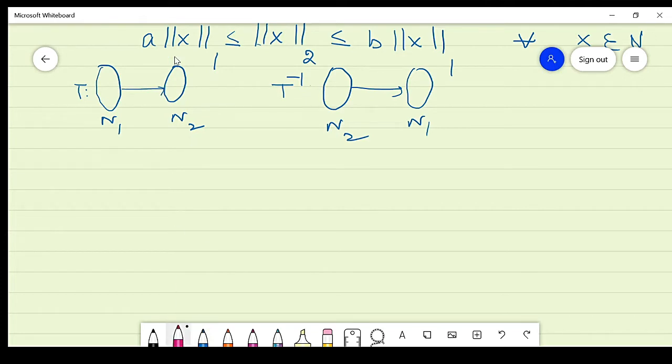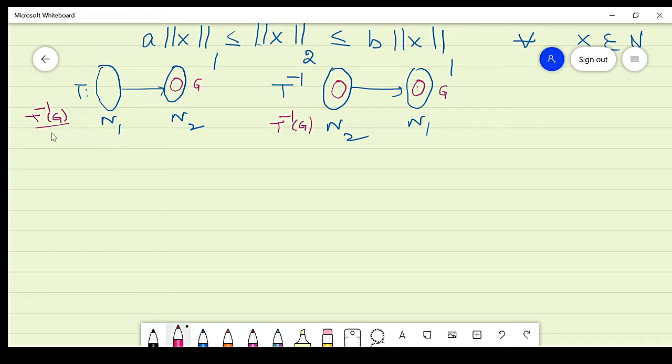Since T is continuous, if we take an open set G, then its inverse image T inverse G is open in N1, right? Similarly, if we take some open set G dash in N1, its inverse image T inverse G is open in N2, clear?